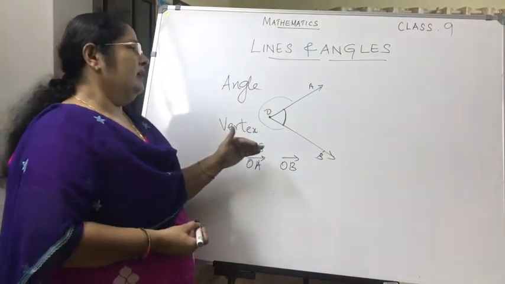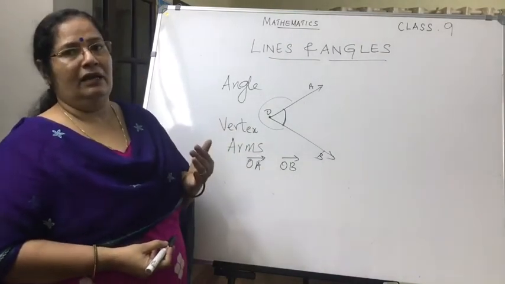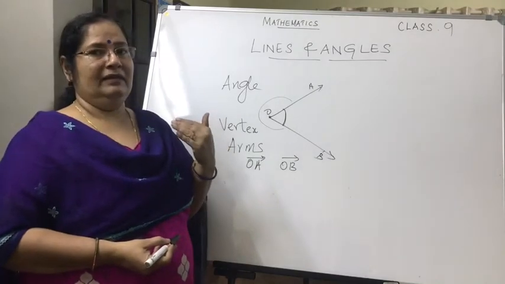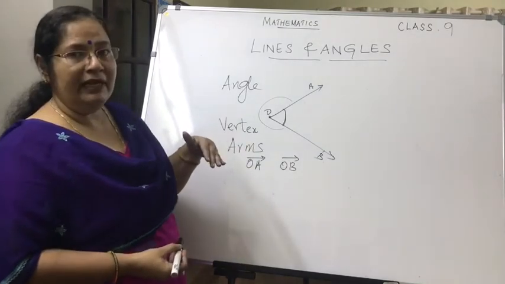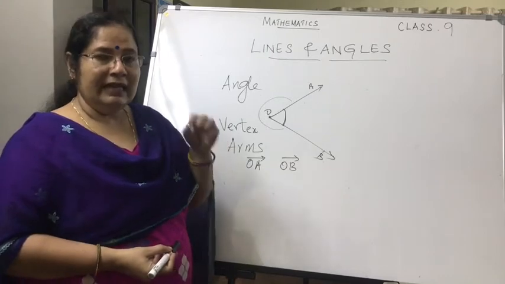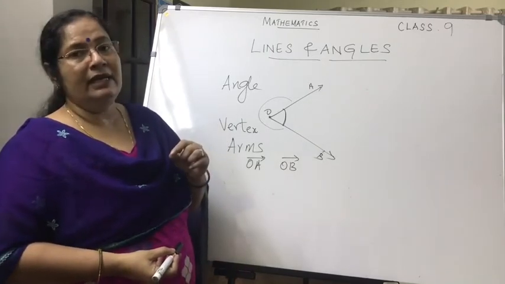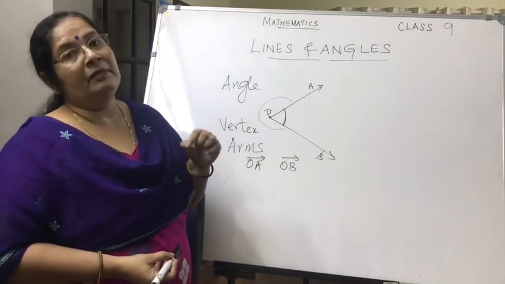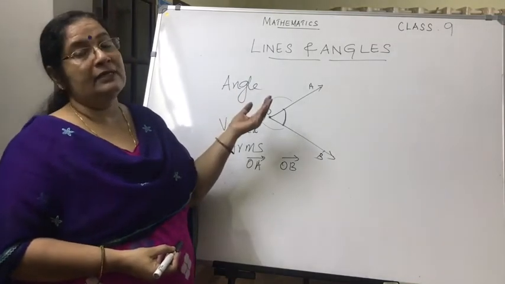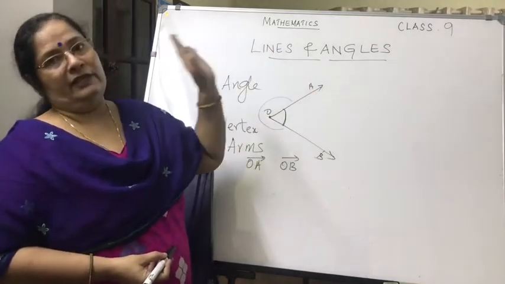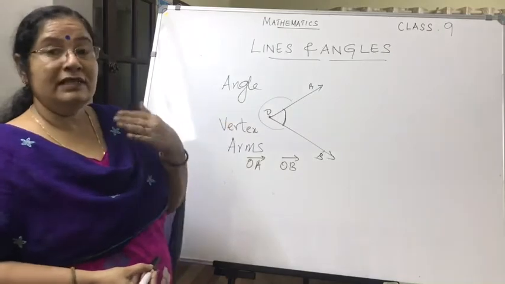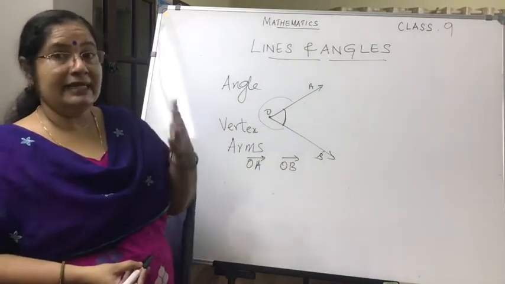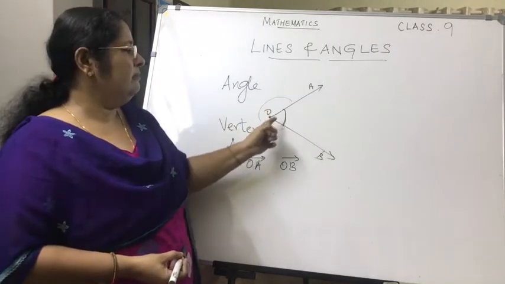Now one more thing, how do you name an angle? An angle is named by putting the letter denoting the vertex in the middle of the other two letters which represent the rays. And what is the symbol for an angle? A tilted L. So how do you name this particular angle?